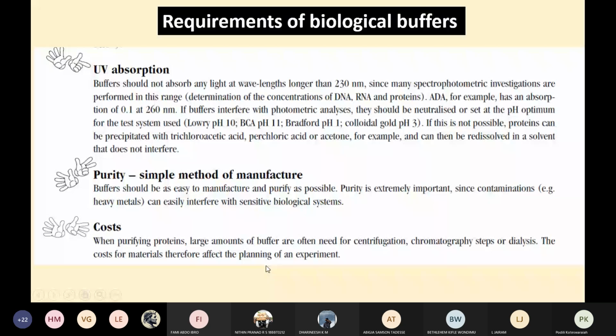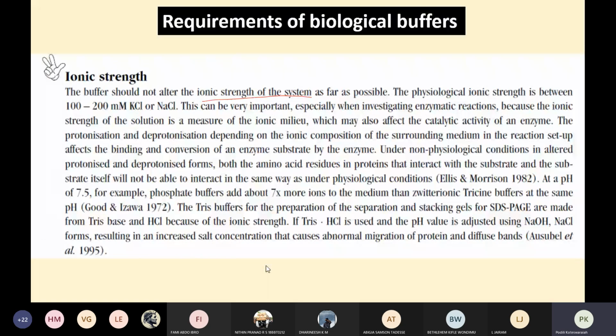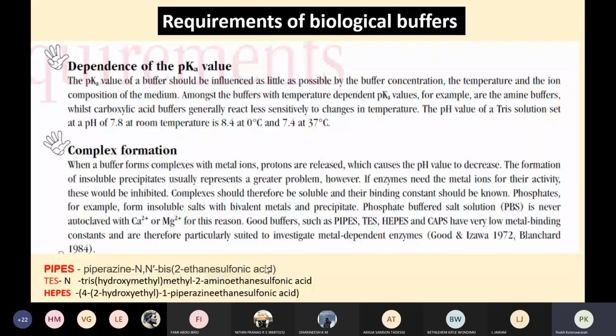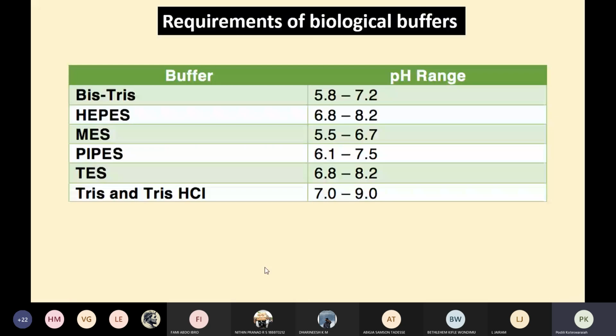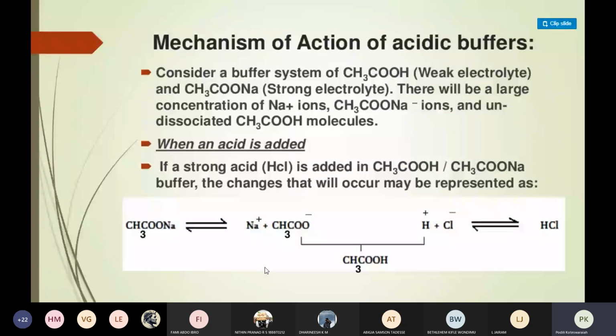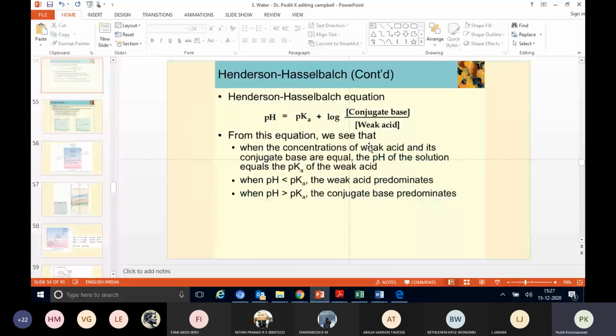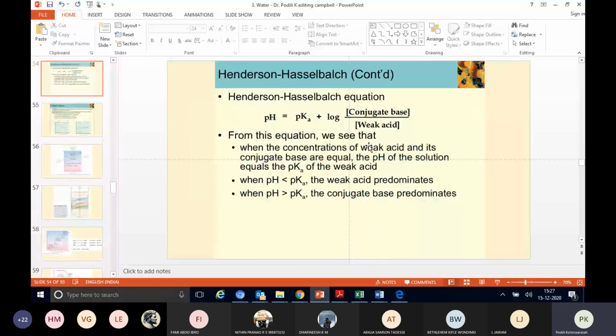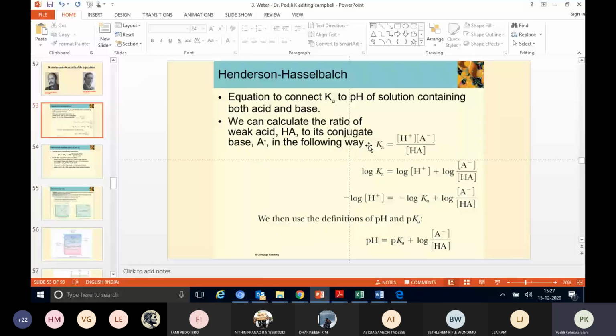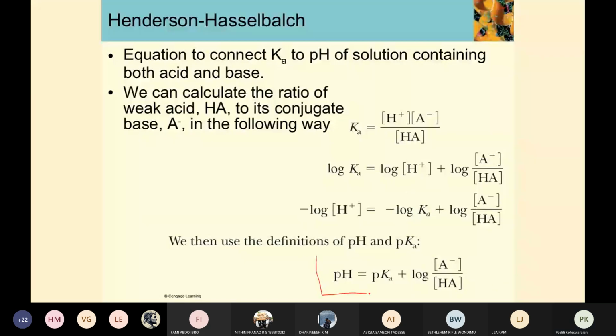Coming to this, in order to prepare any buffer solution, we use the Henderson-Hasselbalch equation. The Henderson-Hasselbalch equation is pH equals pKa plus log of the concentration of salt divided by the concentration of acid.